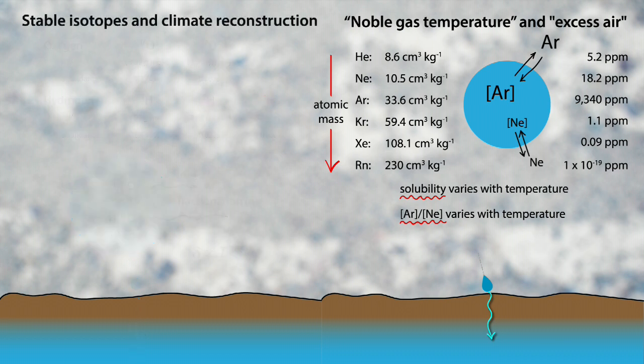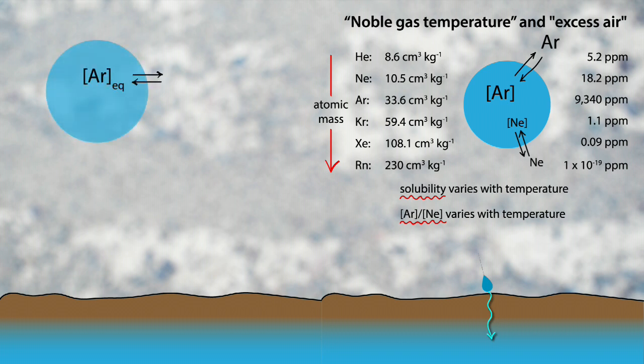There's a complication, however. Imagine a drop of water in equilibrium with the noble gases in the atmosphere. There will be a certain argon-neon ratio that will serve as a proxy for temperature. When the drop falls out of the sky, however, it falls with a certain kinetic energy proportional to the square of the drop's falling velocity.